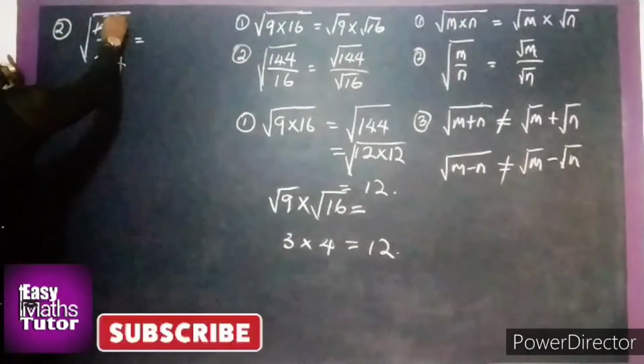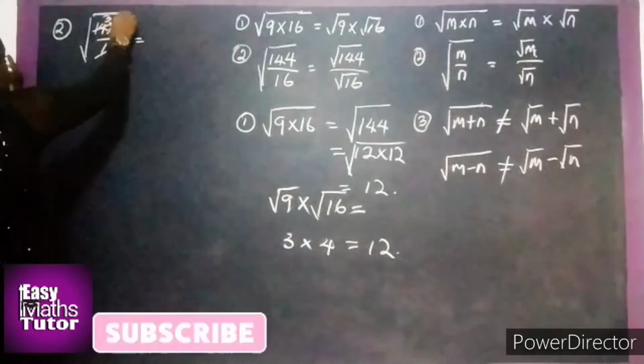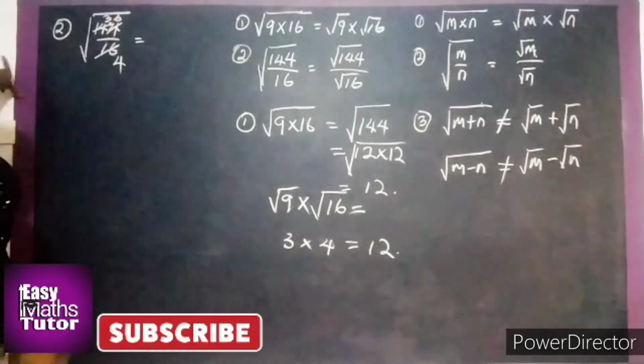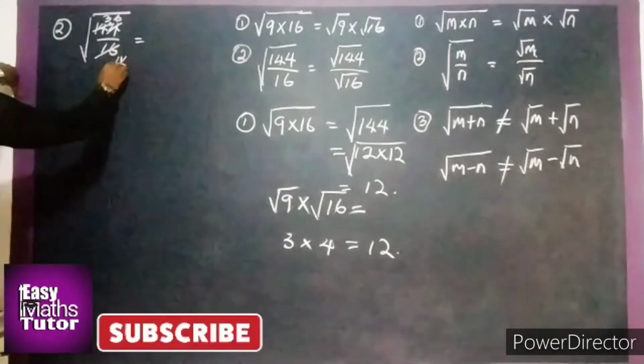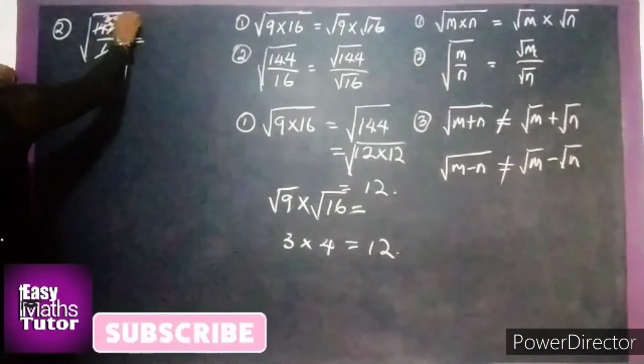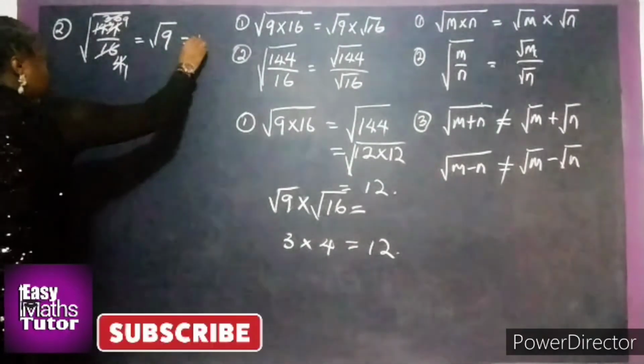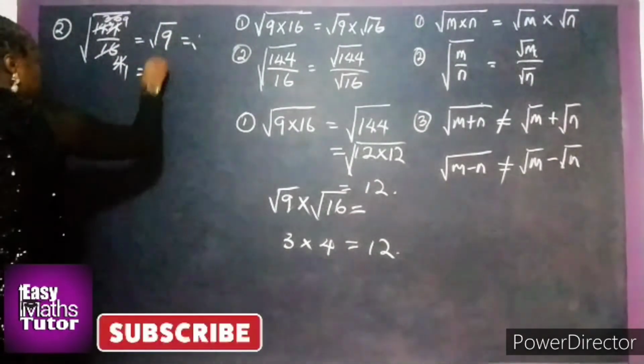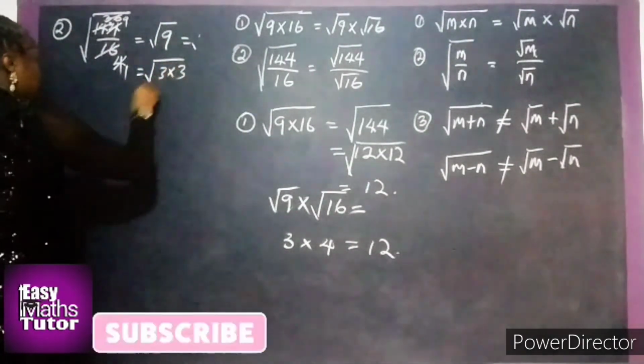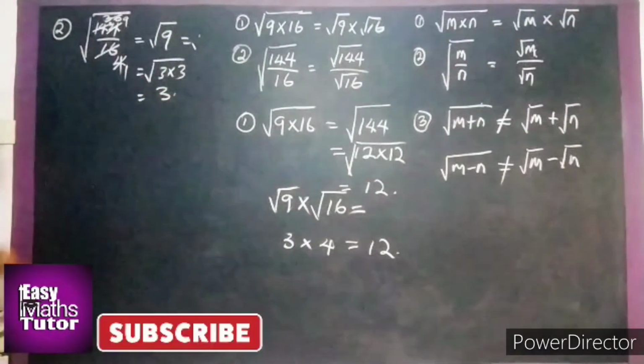Alright, remainder 2. 4 going into 24, we have it 6 times. Alright, so we have 4 going here once, 4 going here 9, leaving us with the square root of 9, which we know is the same thing as 3 times 3, therefore 3.